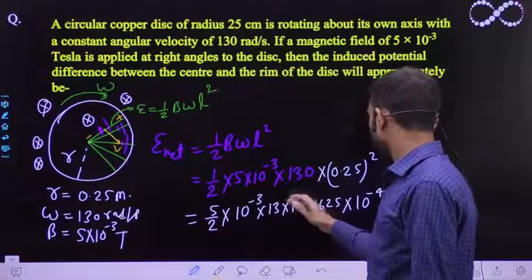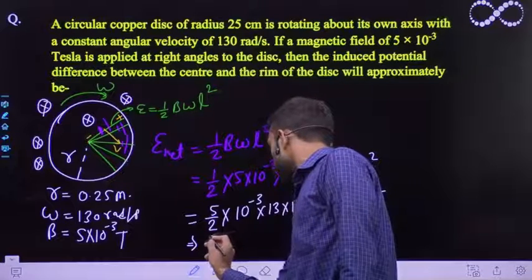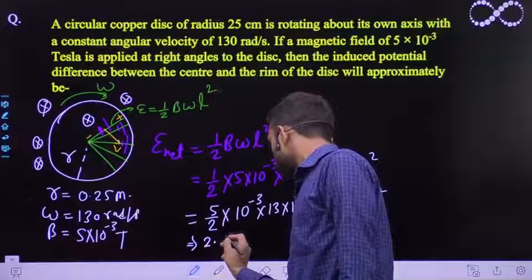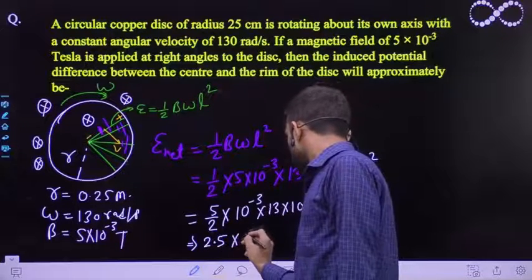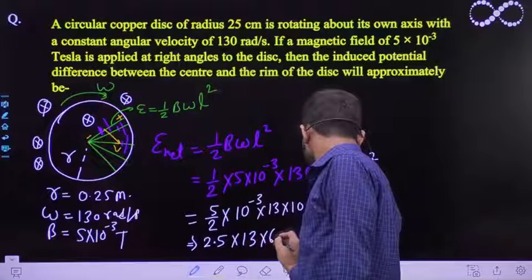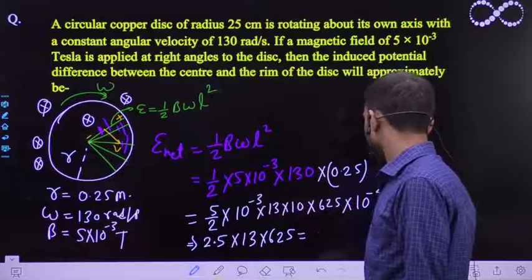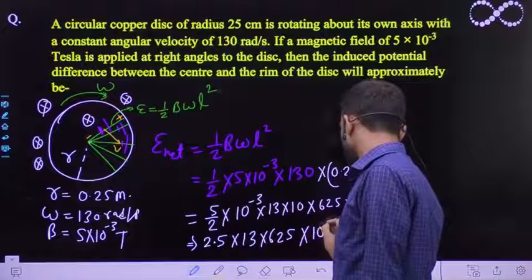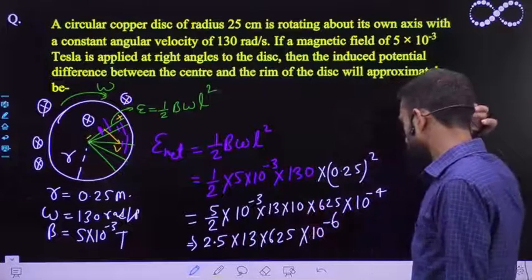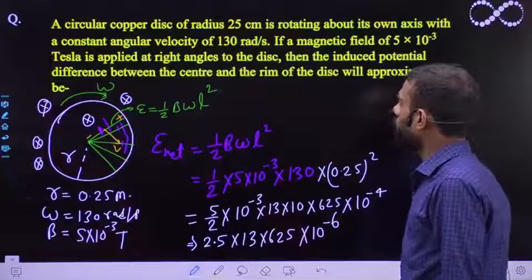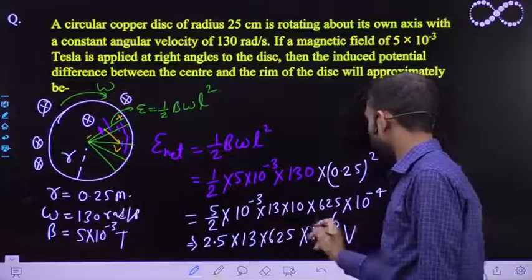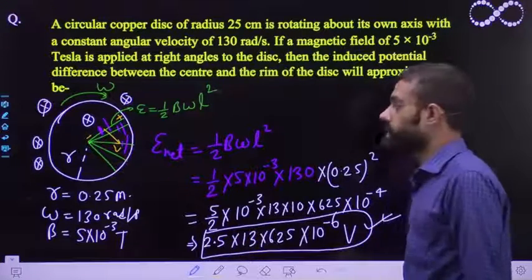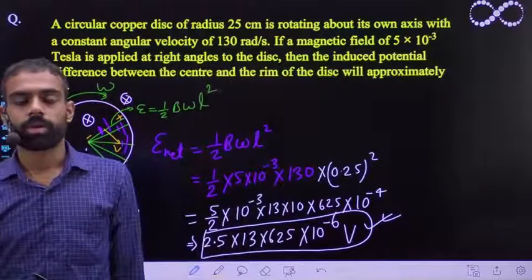I can take all the 10s and all the figures first. So 5 by 2 will become 2.5, into 130 into 625, into 10 raised to power minus 6. You need to do this calculation yourself, and you will get the value of EMF in volts. Students, I hope you understood this question.